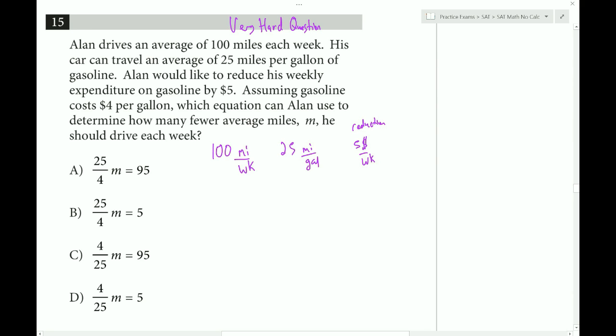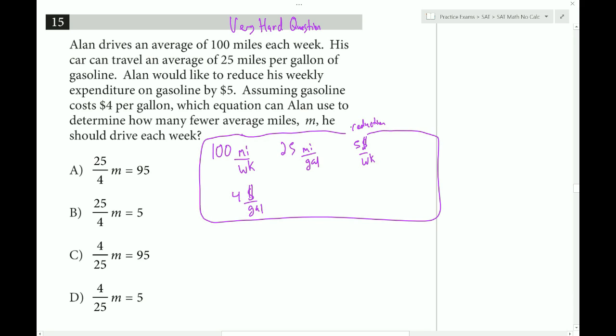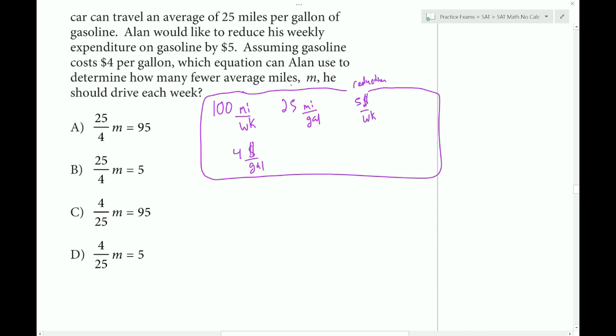Now, assuming gasoline costs $4 per gallon, so that's $4 per gallon, again we're making our list here by way of dimensional analysis. Which equation can he use to determine how many fewer miles? All right, so we also want a mileage reduction. So we want a miles per week reduction, okay?